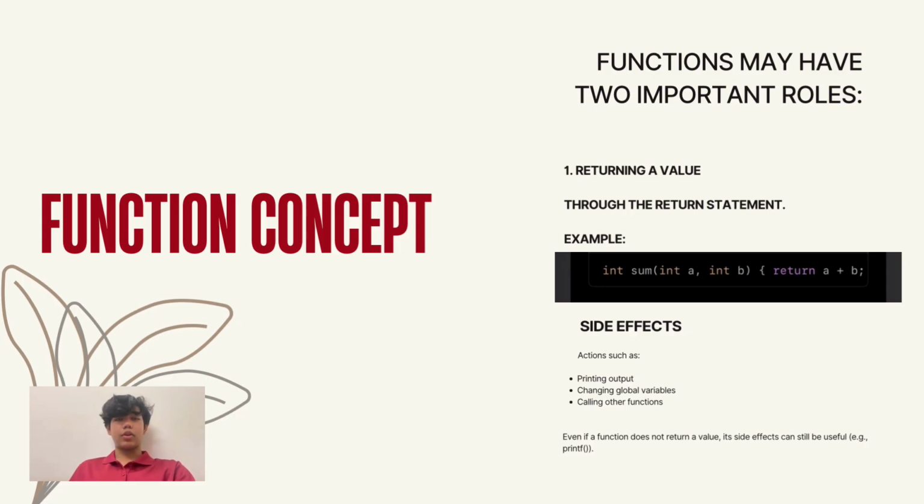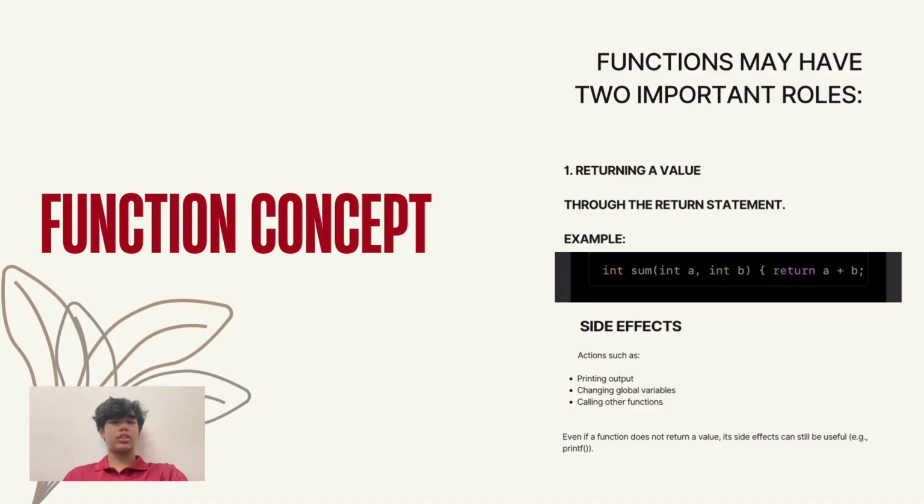Okay, lastly, I'm going to talk about the function concept. A function may have two important roles. The first role is returning a value to the function that calls it. The second role is producing side effects, which are actions performed by the function even if no value is returned. Both roles are important and commonly used in programming. For returning a value, some functions return a value using the return statement.